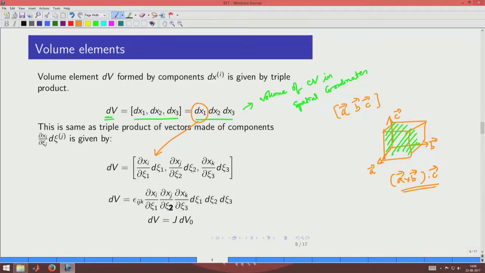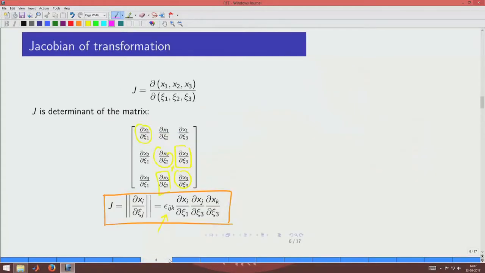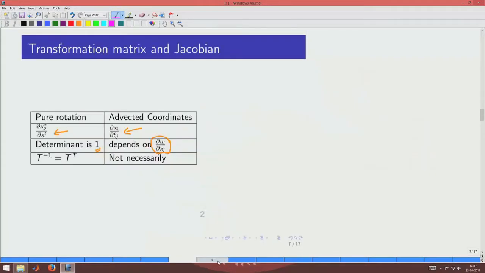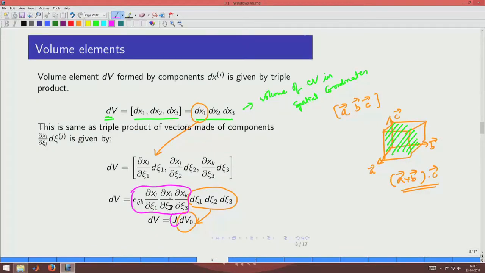So, we then arrange them, and when we arrange them we notice that these 3 are coming together and this is nothing but dV naught. The remaining ones are also coming together, and this we just now saw is nothing but the Jacobian, J. So, we can see clearly now that we have the expression dV equals the Jacobian times dV naught.